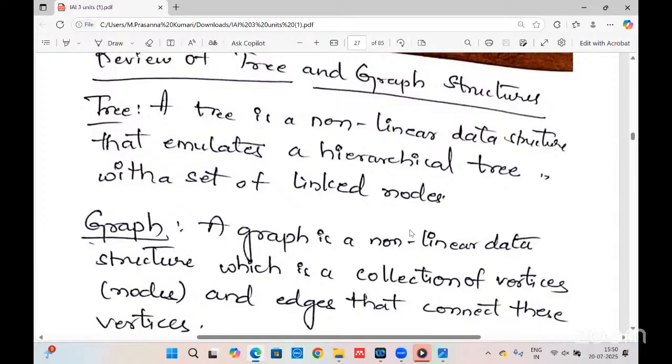Write down these 2 definitions, tree and graph. Okay, tomorrow morning we will solve 3 other problems. We will solve 3 more problems. In the afternoon class, we will see the simulation implementation. Okay.